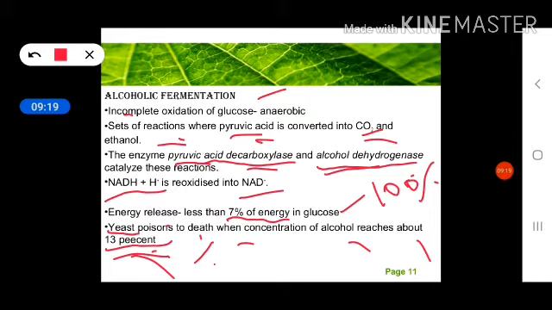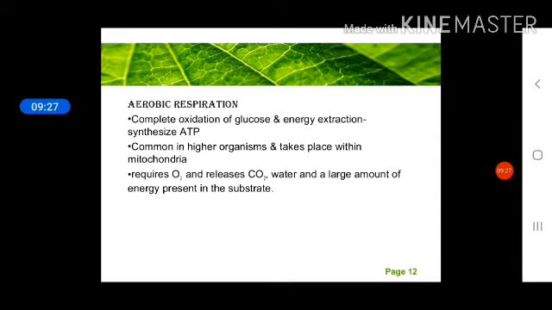So in these two very short paragraphs, everything that will take place in the main reaction is given here. The first main event will take place in the matrix of the mitochondria, while the second main event will take place at the inner membrane of the mitochondria.